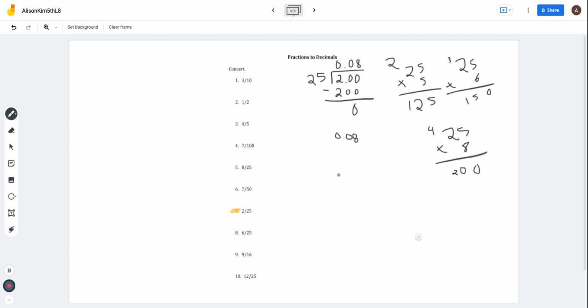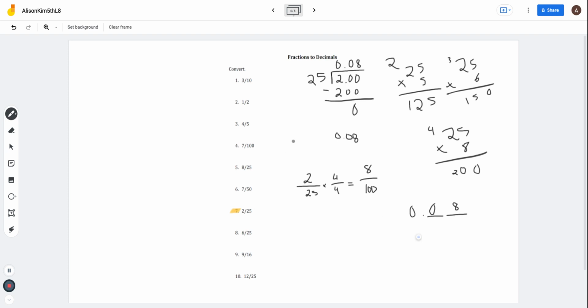The other way to do it would be by making 25 into 100. So it'll be 2 over 25. We know that 25 times 4 gives us 100, so we multiply top and bottom by 4, and we get 8 over 100. This 100 down here means that it's in the hundredths place, right? So that's going to be 2 places after the decimal. We know that the last number has to be 8, but we don't know what the middle number is going to be, so we put a 0.